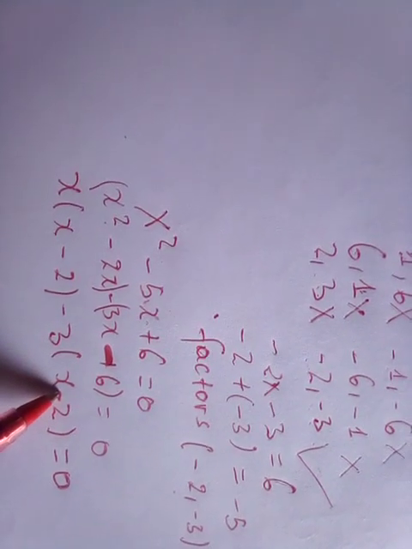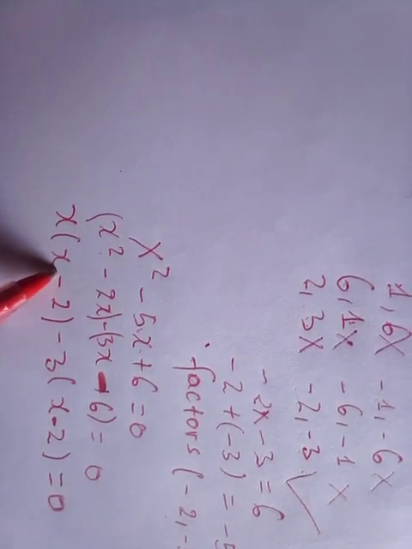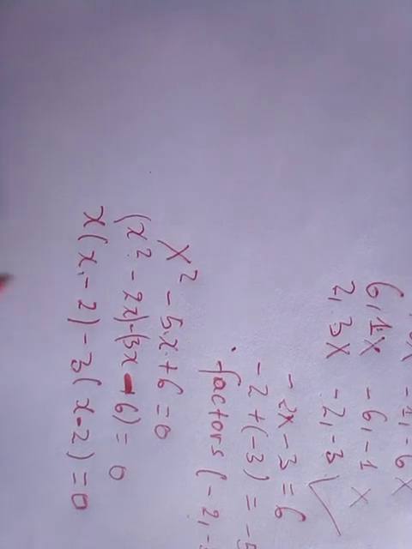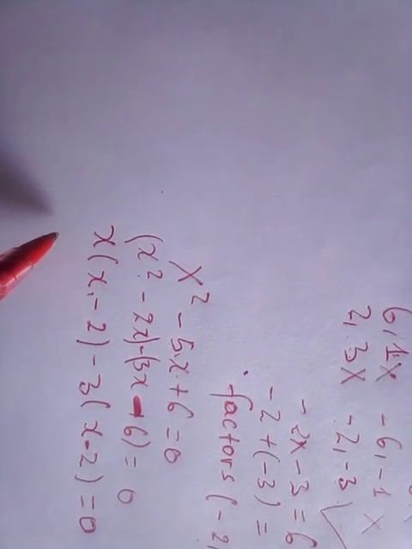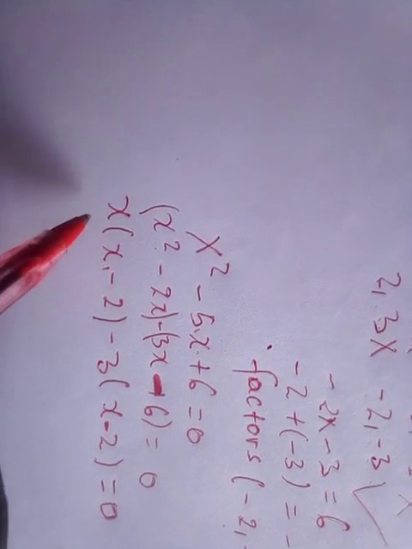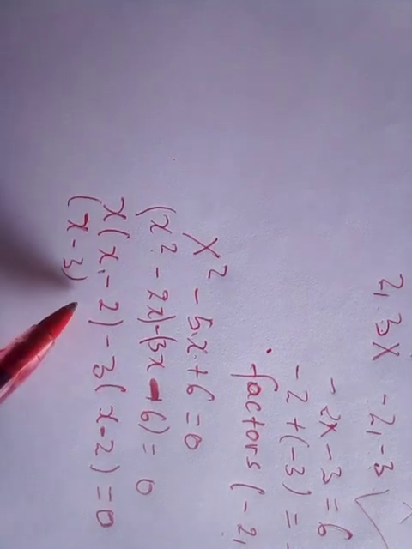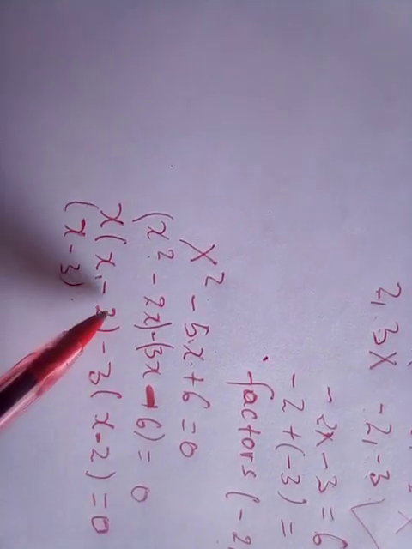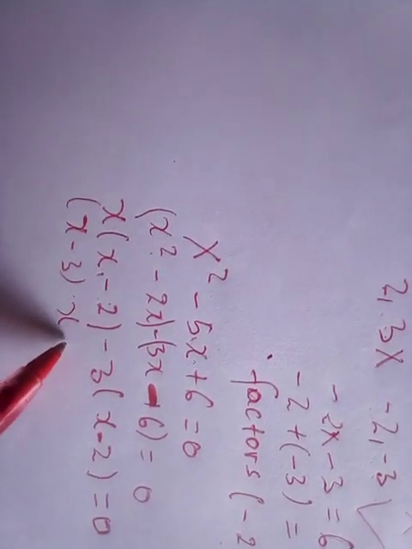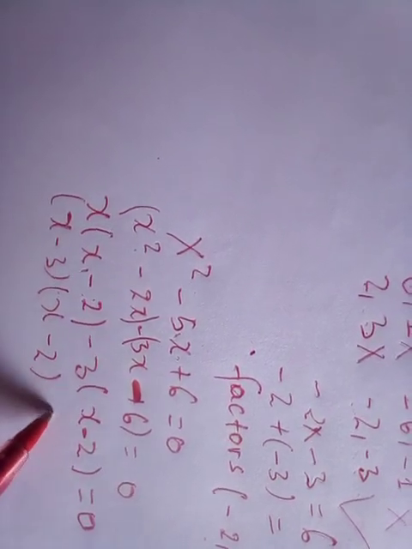This bracket must be identical with this bracket to make sure you are doing it the correct way. So x minus 3, and write one of these, x minus 2, equals 0.